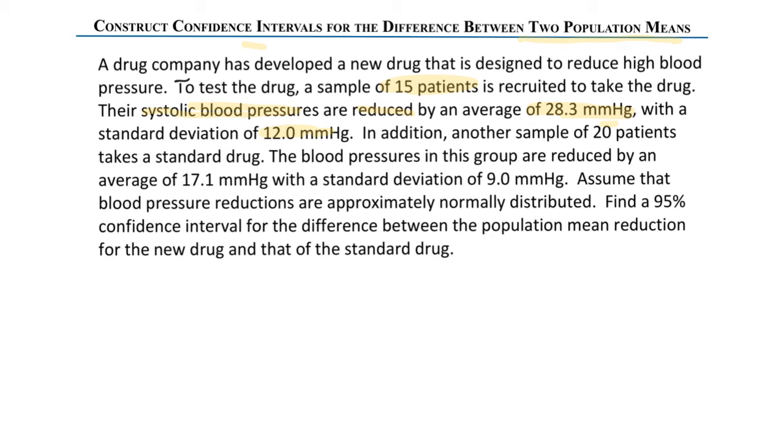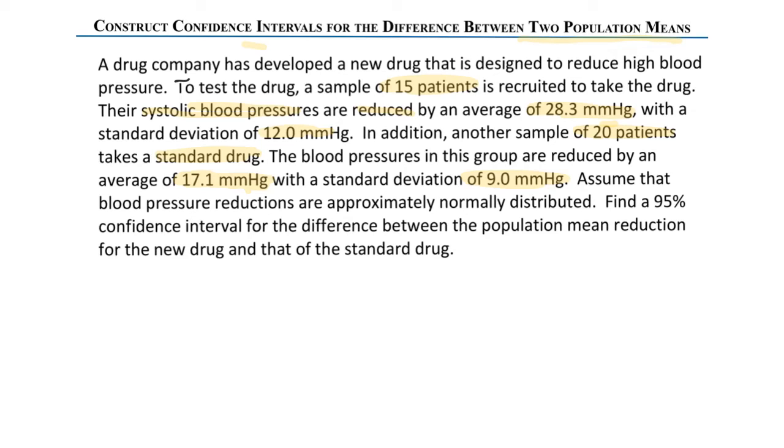They take another sample of 20 patients and give them the standard drug, and their blood pressure reduces by an average of 17.1 millimeters of mercury with a standard deviation of 9 millimeters of mercury.